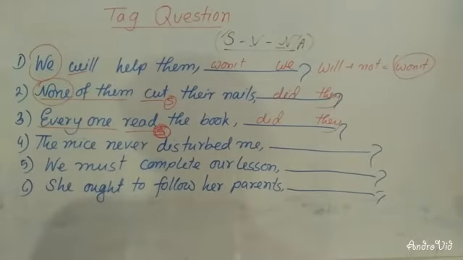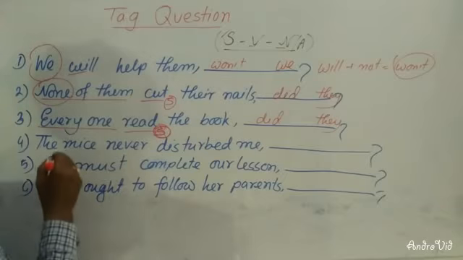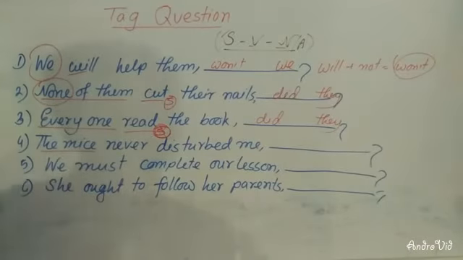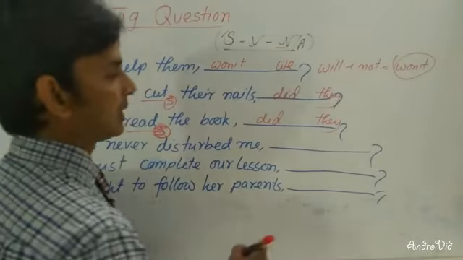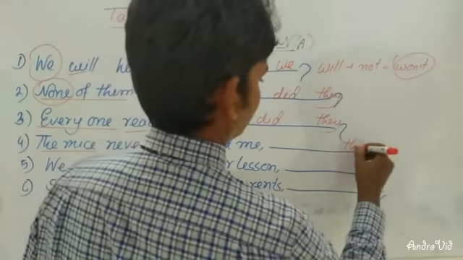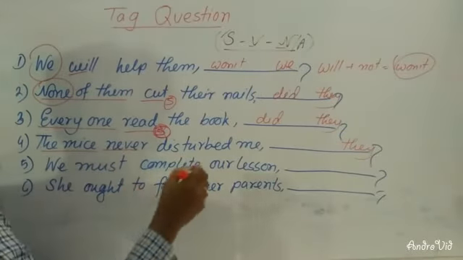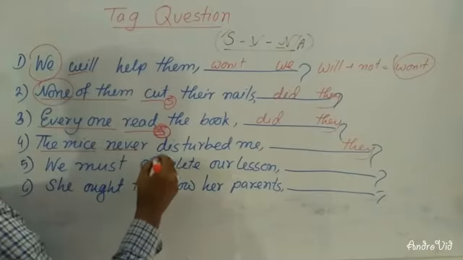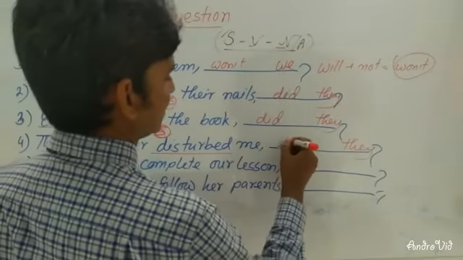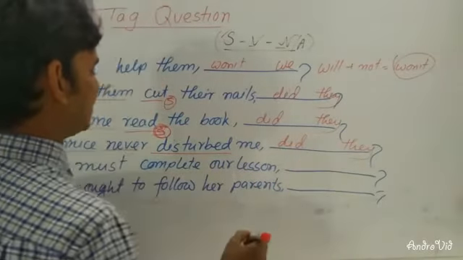The mice never disturbed me. Mice is plural, and most of the students make mistakes here, so you will use they. There is never, a negative word, so I won't use not here. And disturbed is in the past indefinite, so did they.